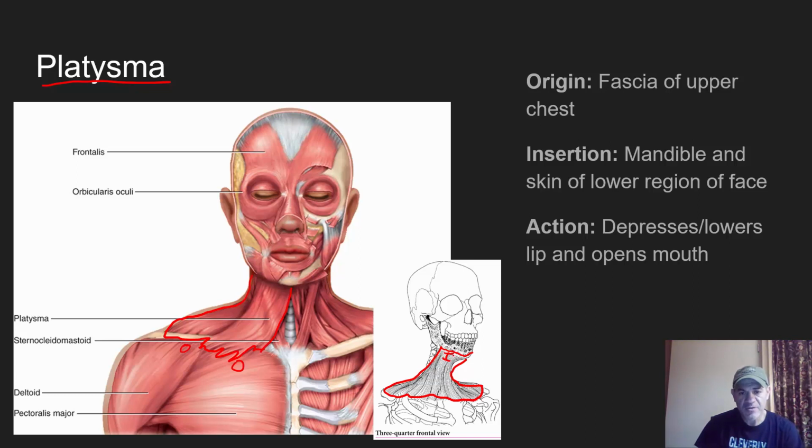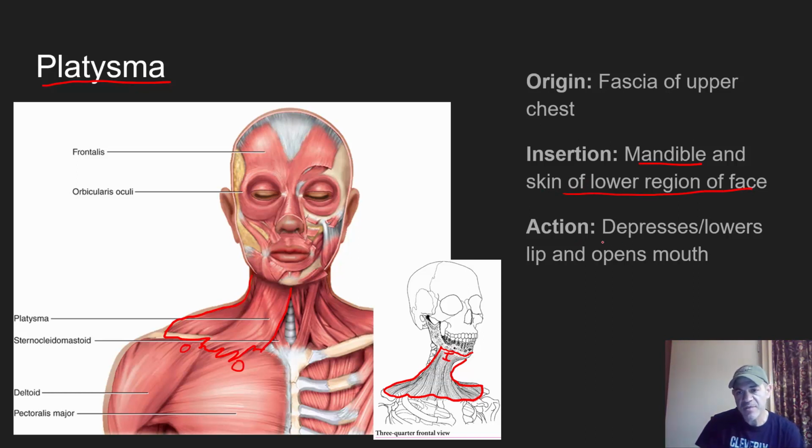So up there towards the mandible and the skin in the lower face is the insertion. So when this muscle contracts, it would pull down on that. So again, the origin for the platysma is the fascia of the upper chest. The insertion is the mandible or your jawbone, and the skin of the lower region of the face, right?